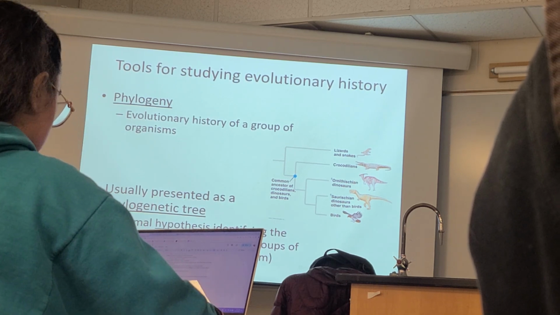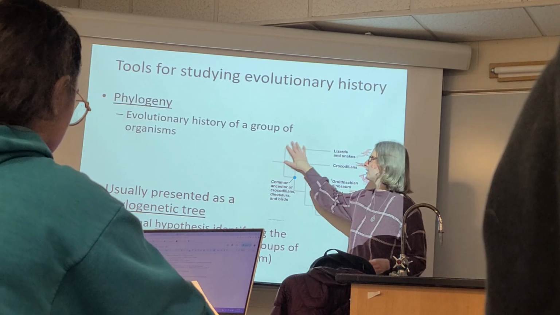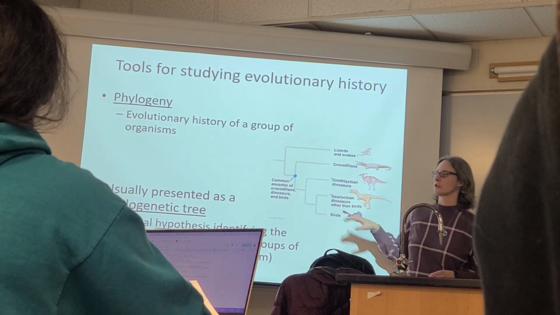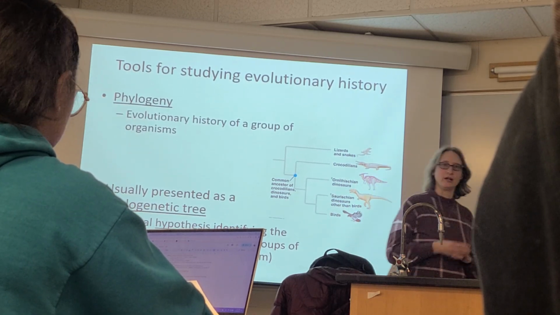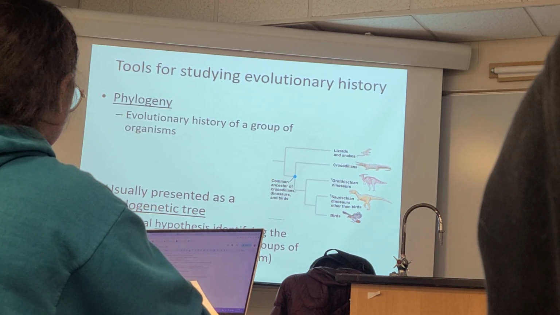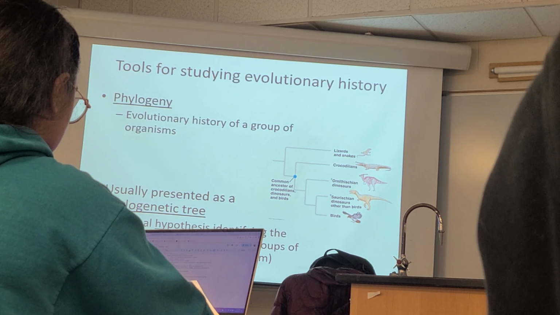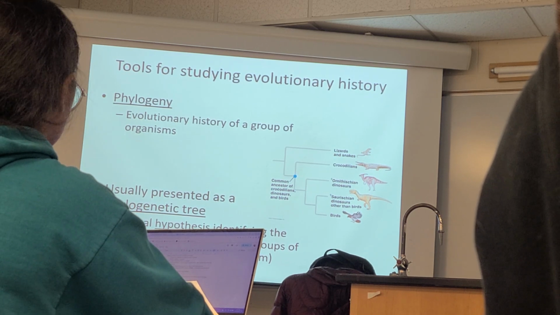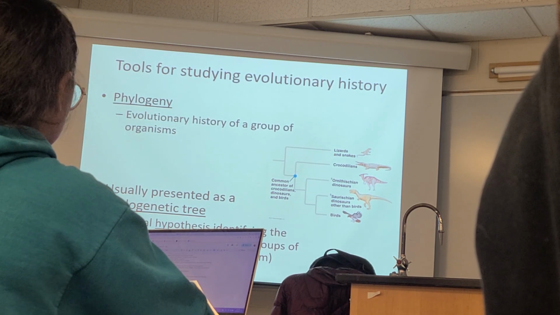Usually we present our hypothesis as a branching diagram like you see right here that's called a phylogenetic tree. But understand, any phylogenetic tree that you see is a hypothesis, which means it can never be proved, and it can always be revised with more data.